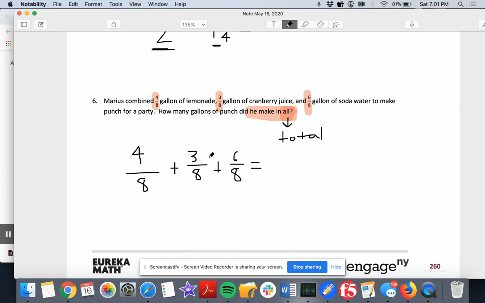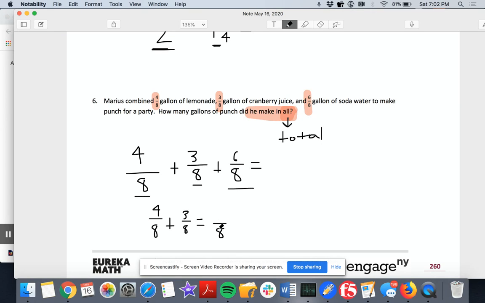First I need to check to see if my denominators are the same, and they are. Then I'm going to go ahead, do one fraction at a time. 4/8 plus 3/8.